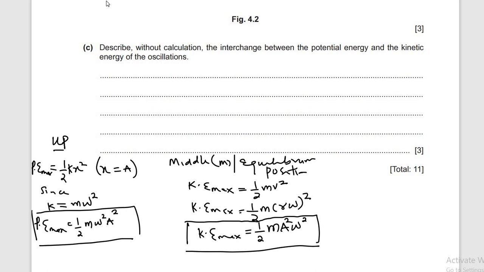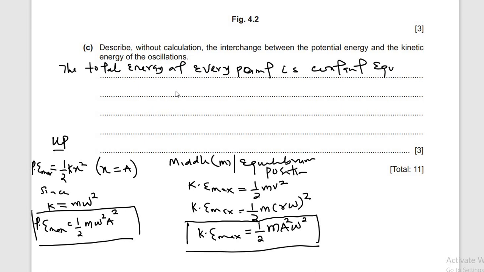So this is it. How do I put it? Okay. In terms of energy, the total energy at every point is constant, equal to half m a squared omega squared. It is 3 marks.